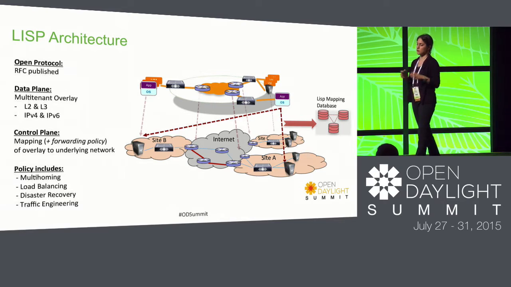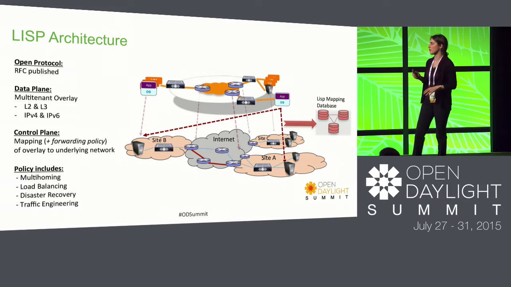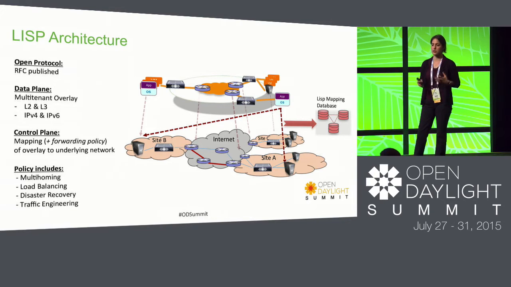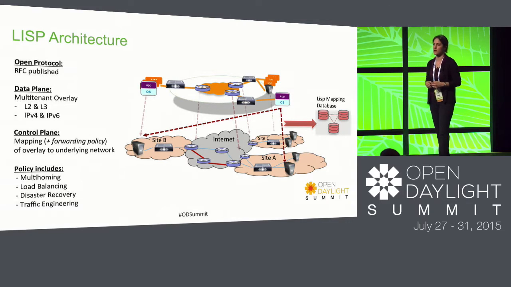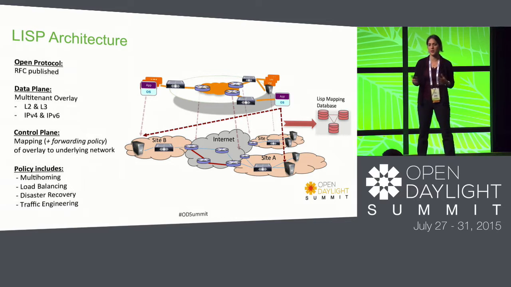So it's not just simple mapping, but you can have policies in the form of multi-homing, for instance, a virtual address or an overlay address space may have multiple locators, and it may have policy for reaching those. So you can say, I have priority over one routing locator to the other, or you can do load balancing between the two, so have active-active and then do load balancing between the two.